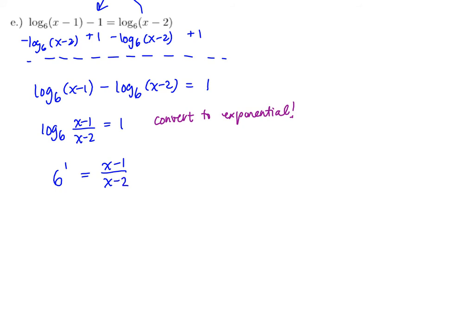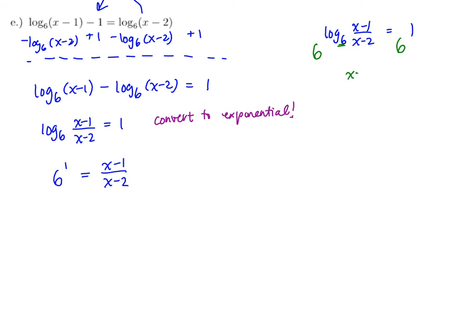Alternatively, one other way that I've seen students discuss this, when that convert to exponential step kind of escapes them, is to take this guy, which is the base, and raise both sides to be a power of that base. So if we have 6 to the log base 6 equals 6 to the 1, then the 6 and the log base 6 go away.